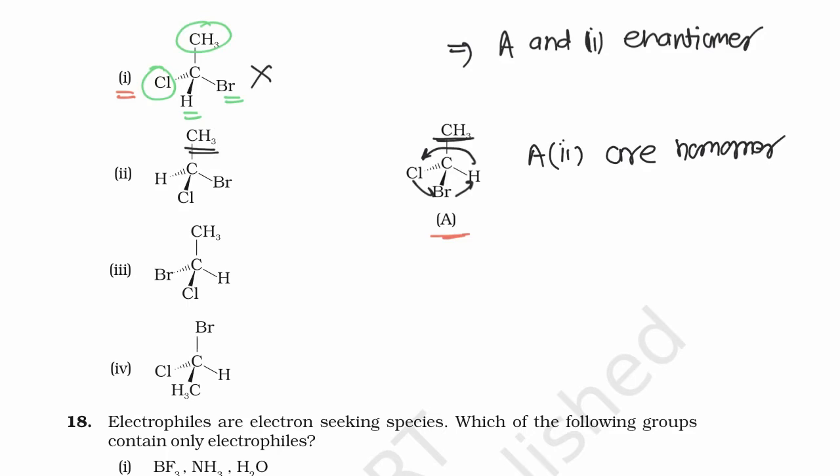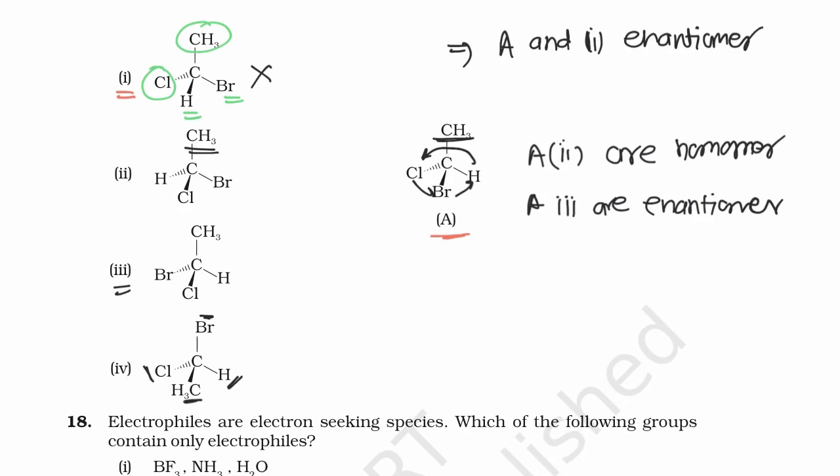Now comparing A with the third, the position of CH3 is fixed, the position of hydrogen is fixed. Now the positions of Br and Cl are interchanged, so A and 3 are enantiomers of each other. Now comparing the fourth with structure A, the positions of CH3 and Br are interchanged, and the positions of H and Cl are interchanged.